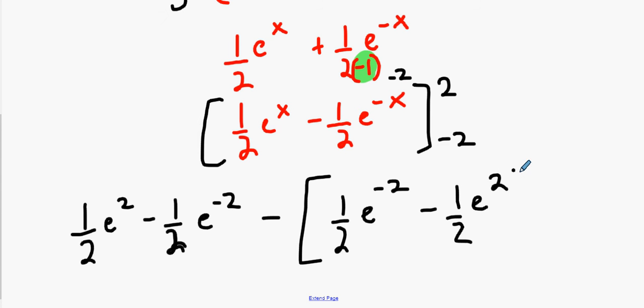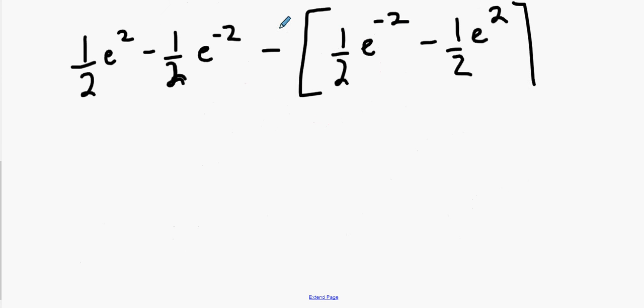Does anything cancel here? What cancels? Alright. Alright, what's a half e squared plus a half e squared?